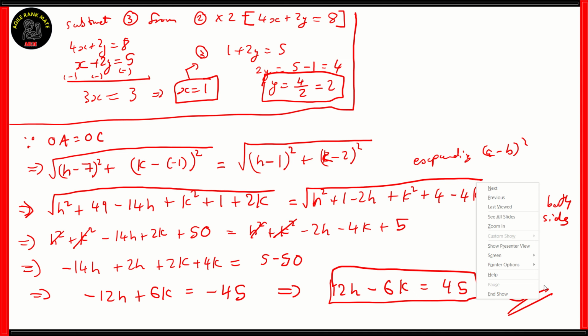So this is when OA equals OC. Now we're going to do the same scenario for OB equals OC. So since OB equals OC, just going to substitute the values right away.